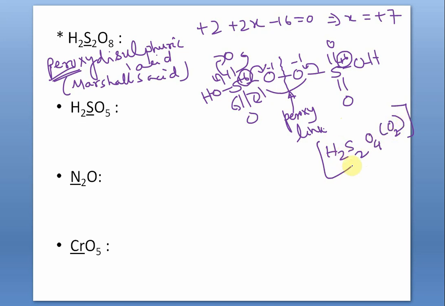Then you apply your rule: 2 hydrogen plus 2, plus 2x, and for 4 oxygen minus 8 for normal oxide, and for both these 2 peroxy oxygens it is minus 2, O2 2 minus, the peroxide ion. So minus 2 for the 2 oxygen atoms is equal to 0. So you will definitely get plus 6.